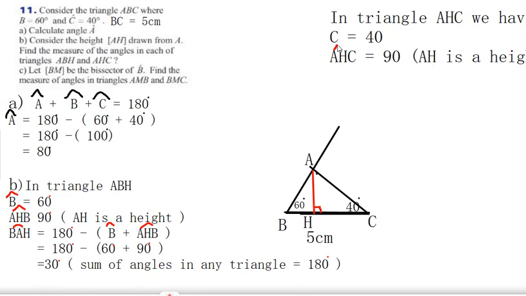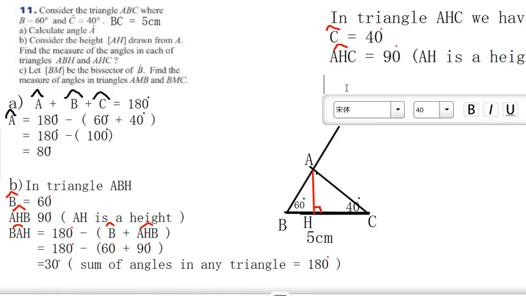Don't forget to put the cap. Here I have a cap and I have here degrees. So how to find the measure of the last angle? The last angle, which is CAH.